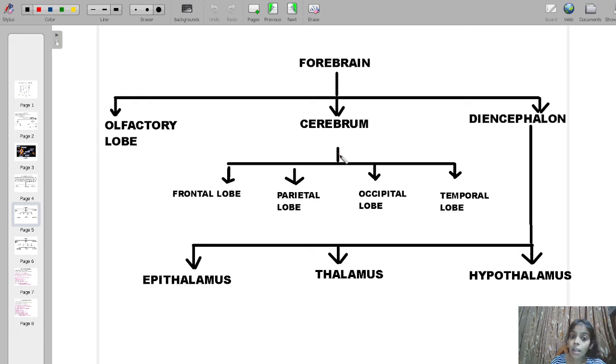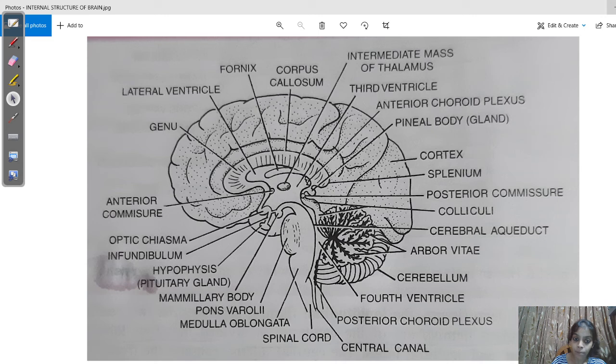The cerebrum, functionally, can be divided into lobes. Structurally, the cerebrum can be divided into two hemispheres. Let me go back to the picture. Structurally, the cerebrum is divided into the left hemisphere and the right hemisphere, and the two hemispheres also have a connection.